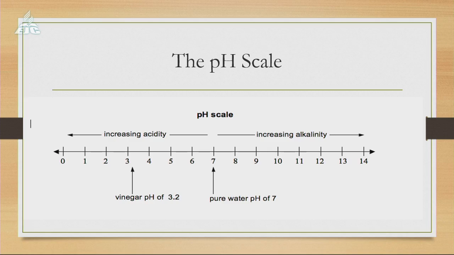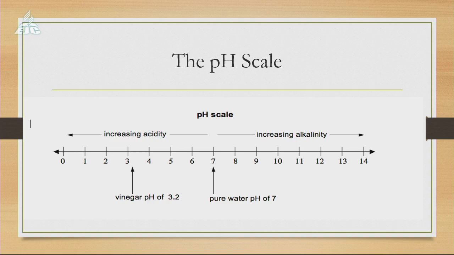So we'll notice that pure water is said to be 7 on the pH scale, and vinegar 3.2. Say sodium hydroxide will have a pH of about 14, right?